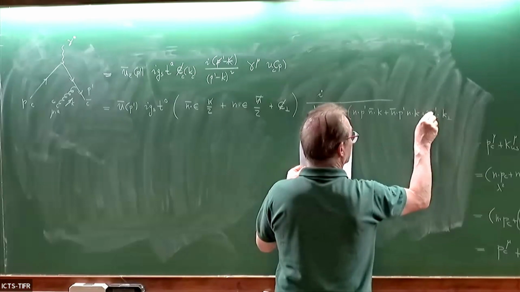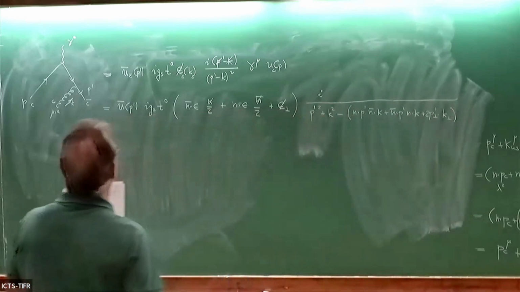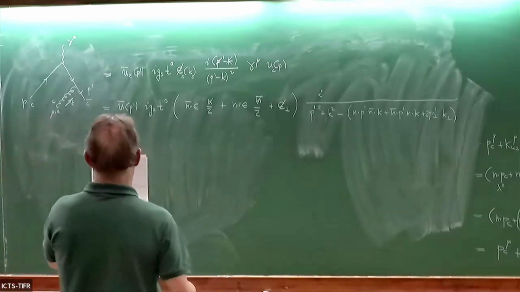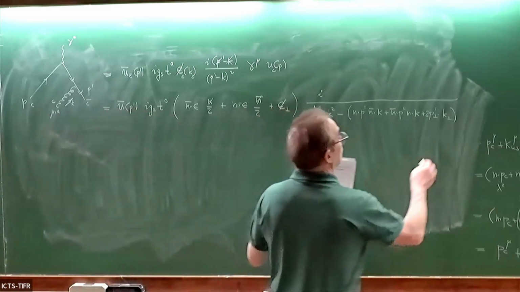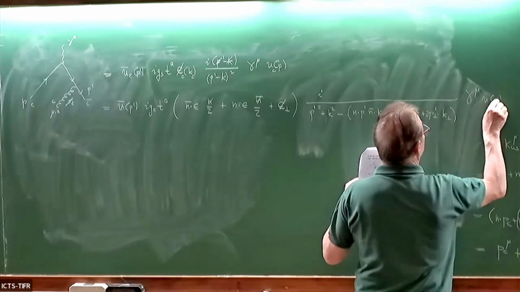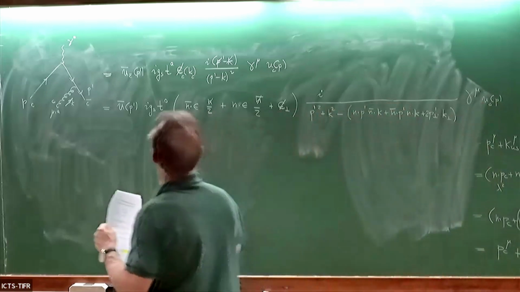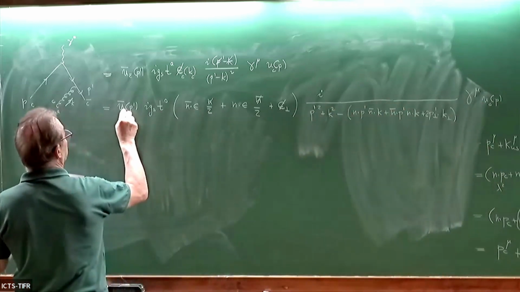Then gamma mu and U of P, the collinear spinner, and this is the anti-collinear spinner.